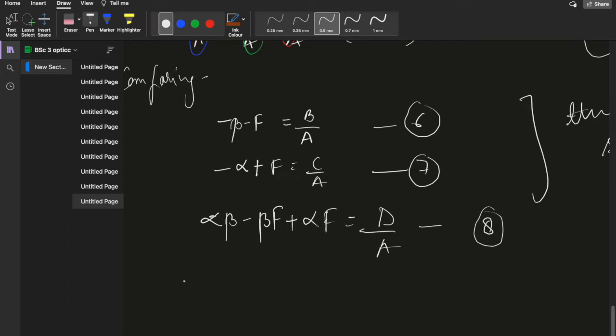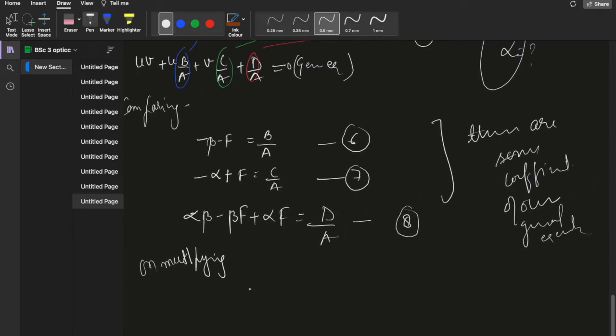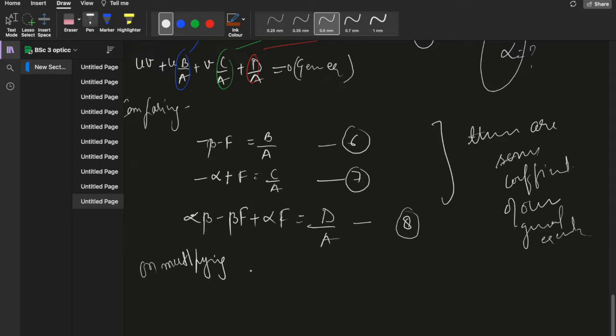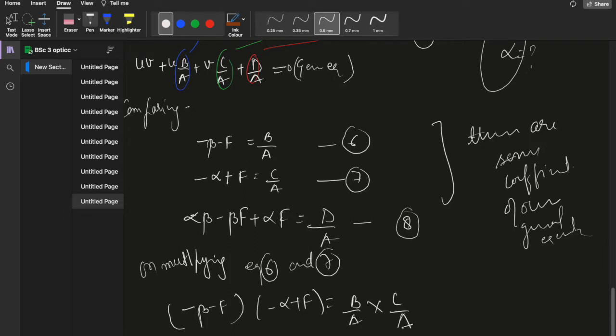Just multiply, or we can say on multiplying equation 6 and equation 7. So our equation 6 is this, and the left side of equation 7 is minus alpha plus capital F. On the right hand side, multiply b upon a by c upon a.